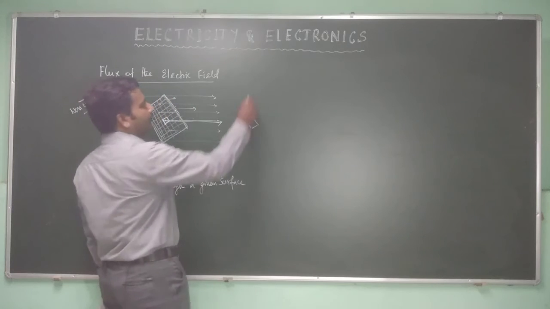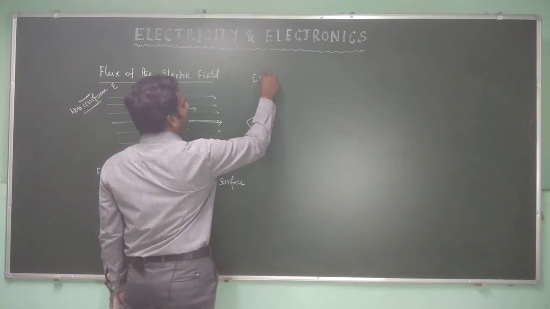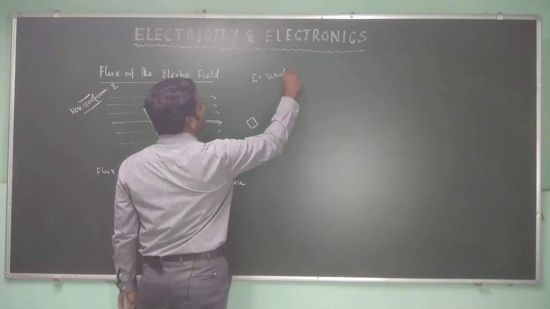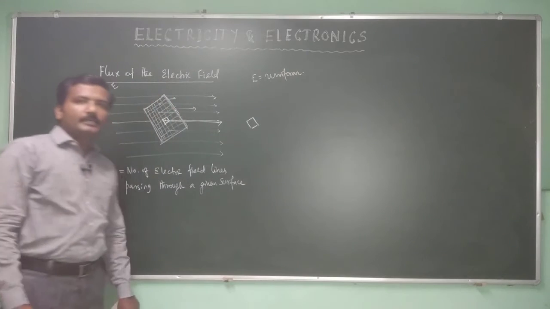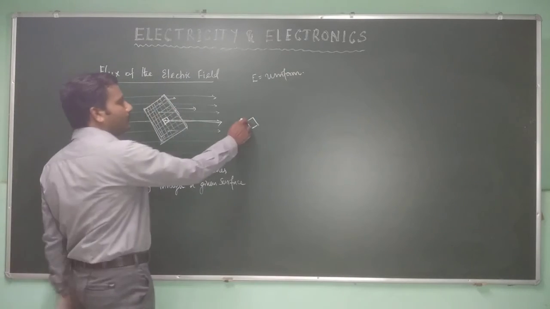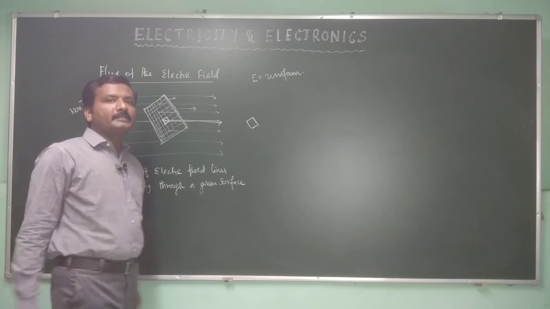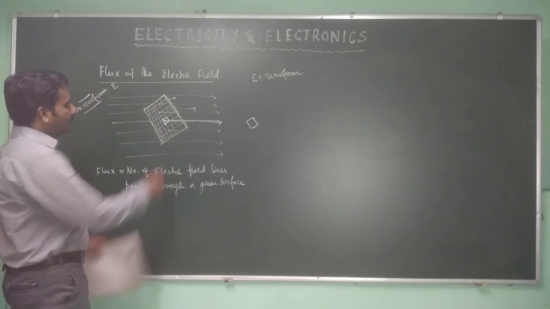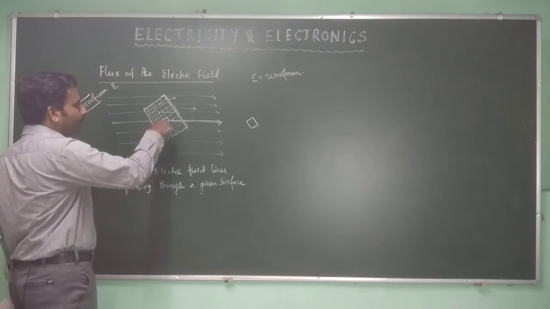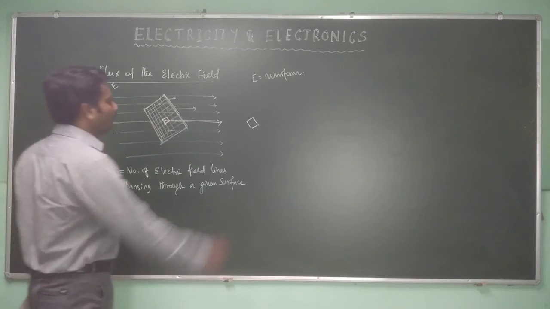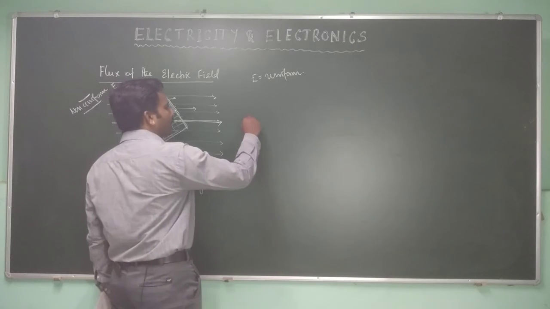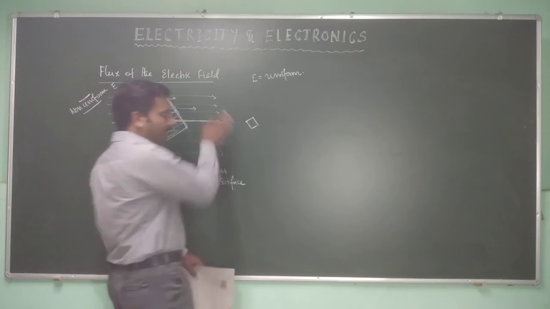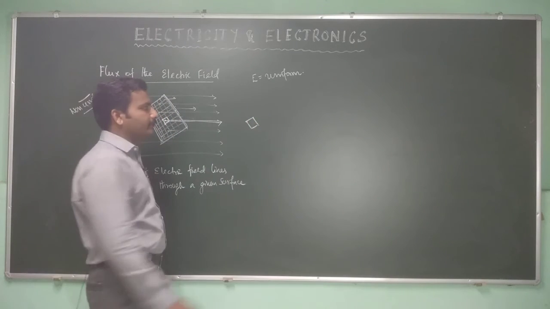Within this square, let us assume the electric field is uniform, because this is an infinitely small square. So this is an inclined plane and it's a small square in that.